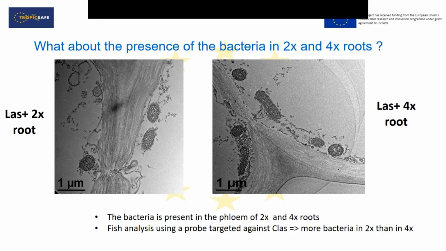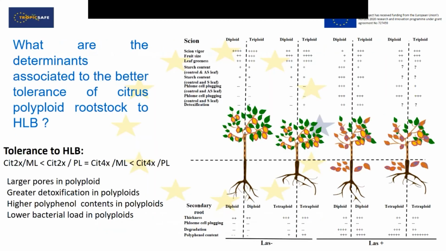In both cases, diploid and tetraploid presented the bacterium. However, with this analysis, using a probe targeted against the bacterium, what we observed is that the presence of the bacterium was much greater in the 2X compared to the tetraploid. So we don't know why, but maybe there is a relation with the antioxidant system, but probably there is a correlation with that, explaining why the tetraploid fit better.